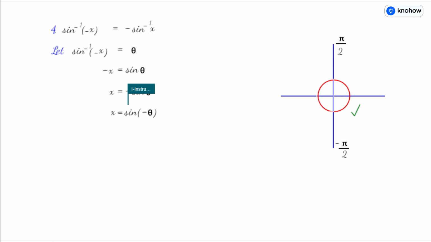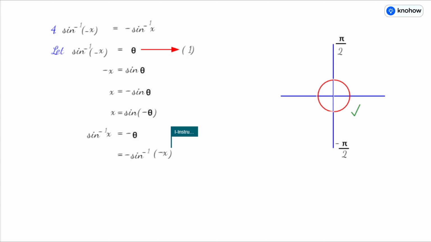And now convert it to inverse function. Take sine inverse on the left. So it gives you sine inverse of x is negative theta. And what was theta initially from 1? Replace it. That is negative sine inverse of negative x.